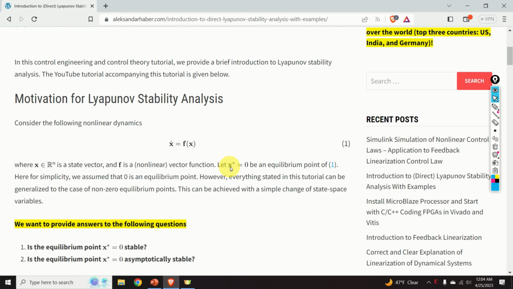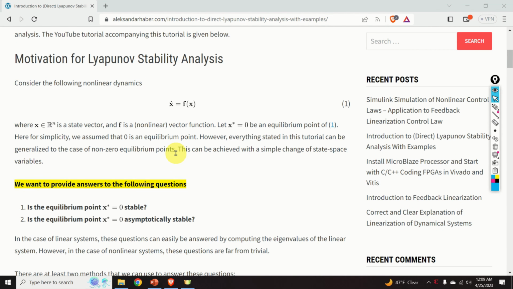Then, let x star equal to 0 be an equilibrium point of this system. Here, for simplicity, I assume that 0 is an equilibrium point. However, everything stated in this tutorial can be easily generalized to the case of a non-zero equilibrium point. This can be achieved with a simple change of state space variables, and I will talk more about this in my next video tutorials.